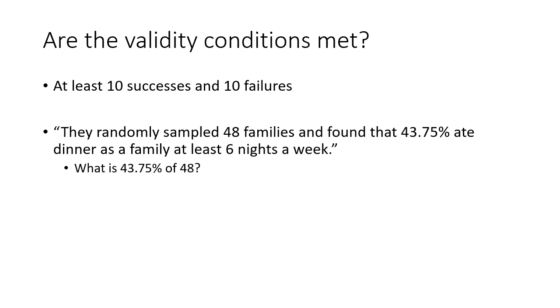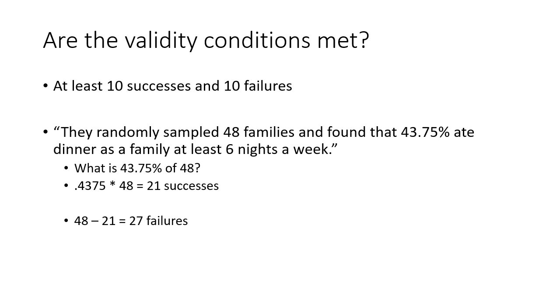We need to figure out the number of successes, that is, the count of how many people said they ate dinner as a family. So we need to take 43.75% of 48. Converting 43.75% into a decimal, we have 0.4375, and we multiply that by the sample size of 48 to get 21 successes.